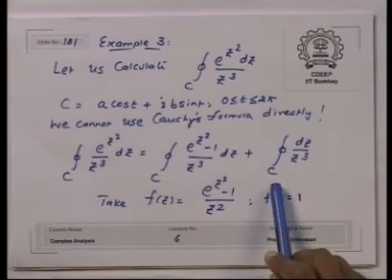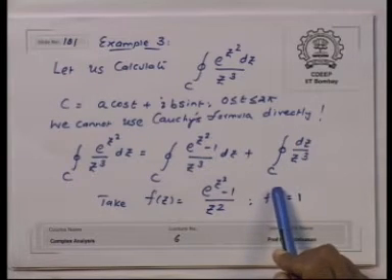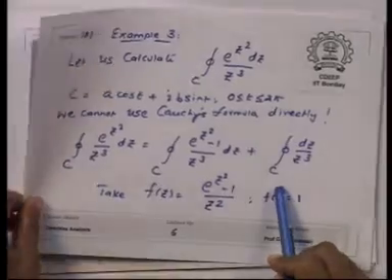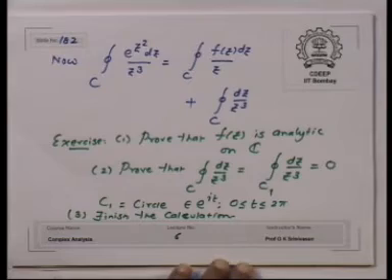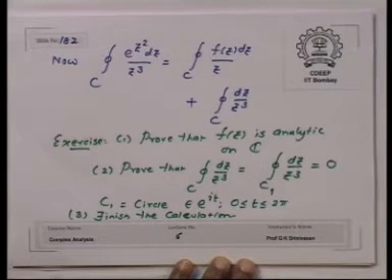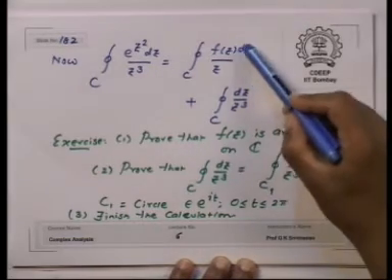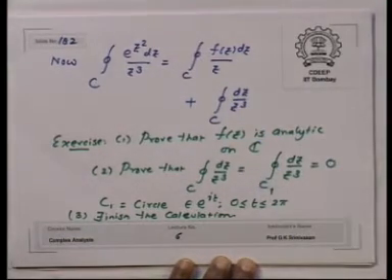We are not looking at a circle, we are looking at an ellipse. Nevertheless, the answer is going to be 0. That's an exercise for you, and that's coming up. So now integral over C of e to the power z squared dz upon z cube is integral f z dz upon z plus integral dz upon z cube.